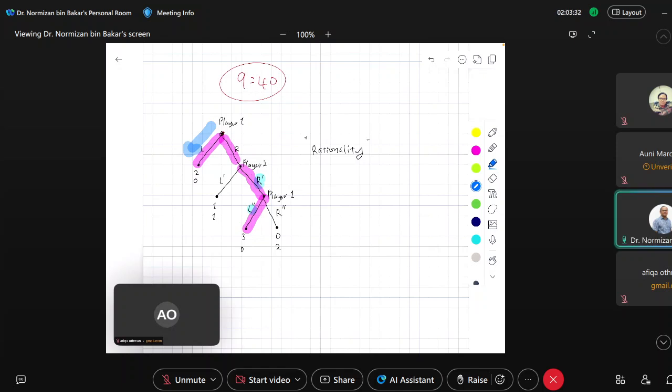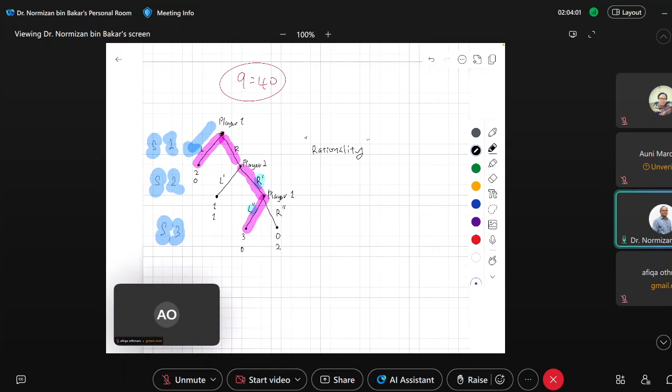So does this game reach this stage? Okay, we have here stage one, here stage two, and here stage three. So at stage one, S1, S2, let's say we put it here. So if this game reaches stage three, player one will know that player two is irrational.